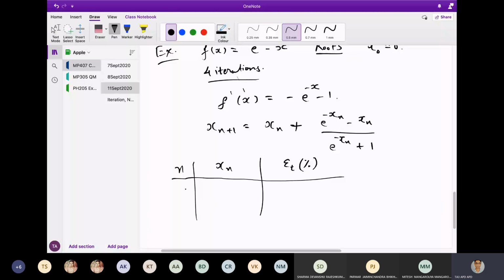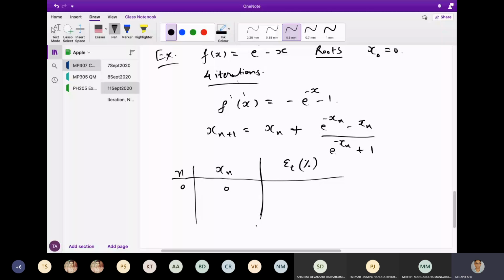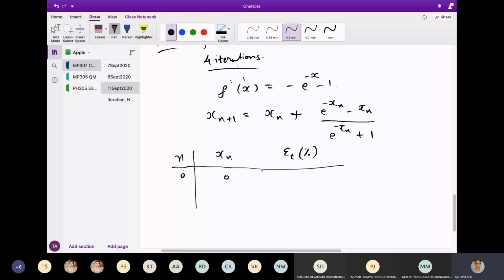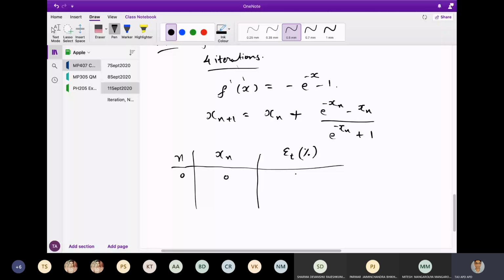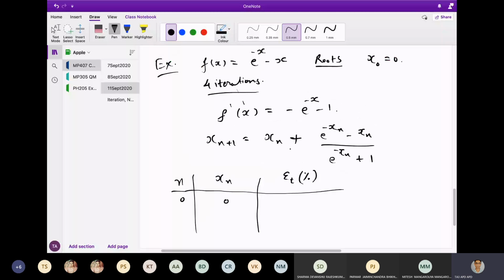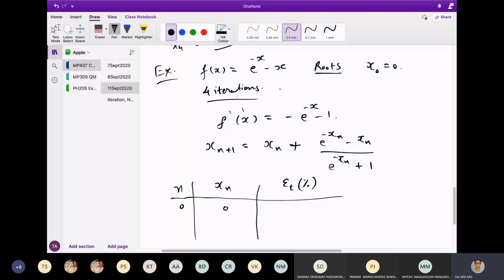So for x naught, you simply start with 0. As I said, you have to start with 0. So you start with x naught equal to 0, and if you put x naught equal to 0, and if you see the roots of these equations, and now first of all you will have to see what is the exact solution for this. Isn't it, you have to see its exact solution.